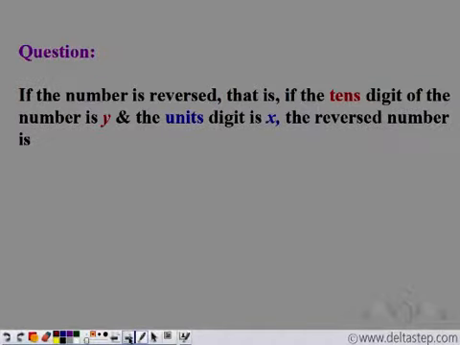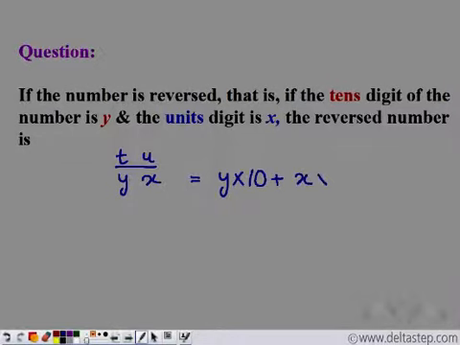Now, can you answer this question? If the number is reversed, that is, the tens digit of the number is y and the units digit is x, the reversed number is: y into 10 plus x into 1. y into 10 is 10y and x into 1 is x.